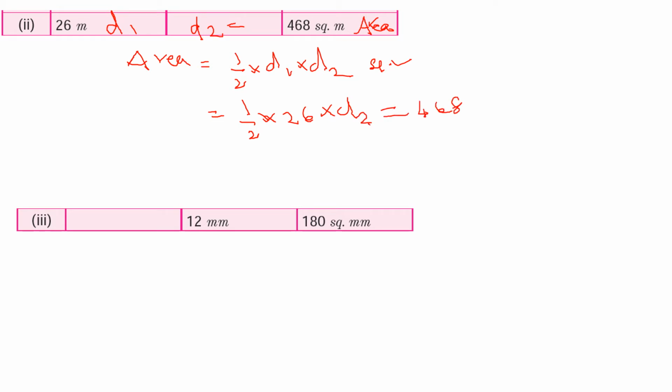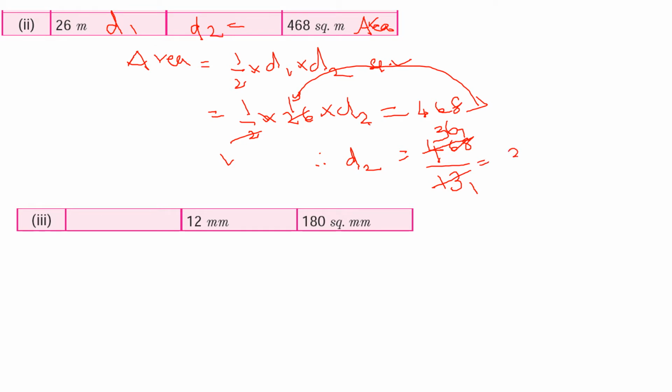So here cancel it. 1 2 is 2, 1 2 is 2, 3 2s are 6. Therefore D2 equal to 468. That 13 will come to the right hand side, divide. So cancel it. 1 13s are 13. 3 13s are 39. Remaining 78. So 6 13s are 78. So answer is D2 is 36 meter.